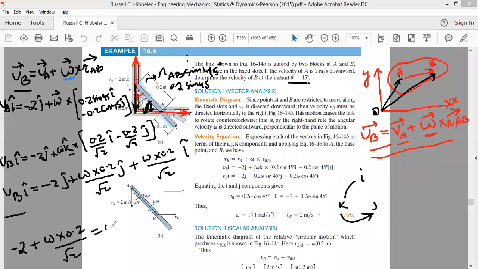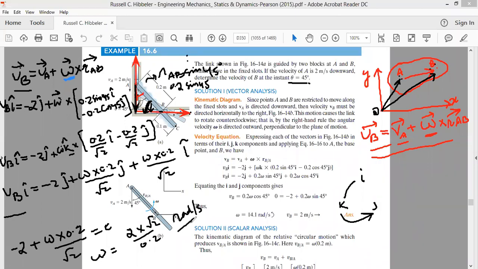From this we will get the value of omega. Omega will be equal to 2 multiplied by under root 2 divided by 0.2. This is the value of our omega, in radians per second.